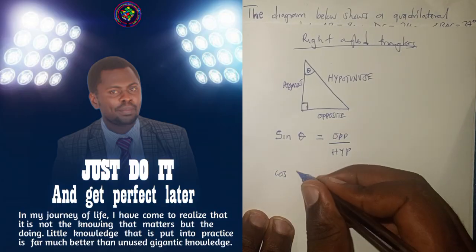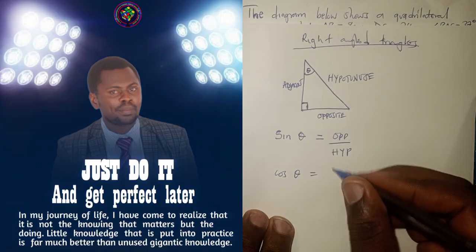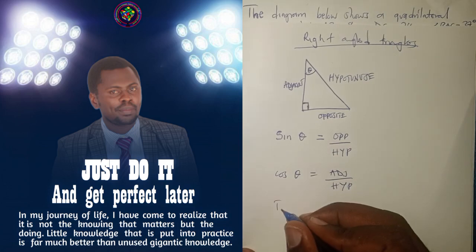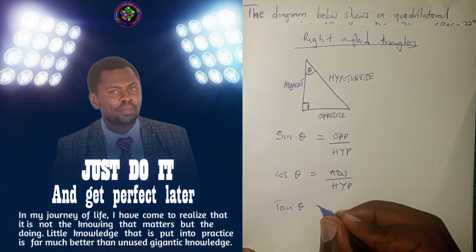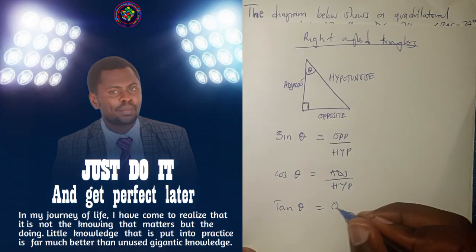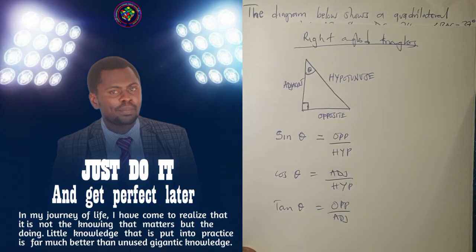Then cos theta is equal to adjacent over hypotenuse. Then tangent of theta, that is tan theta, is equal to opposite over adjacent. So these are the trig ratios which we will be using with regards to right-angled triangles.